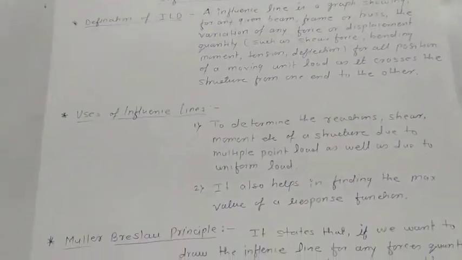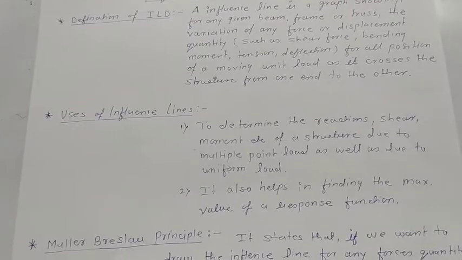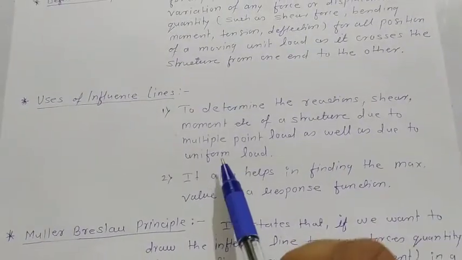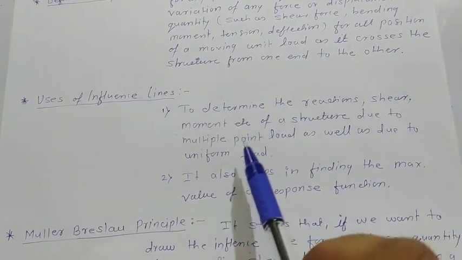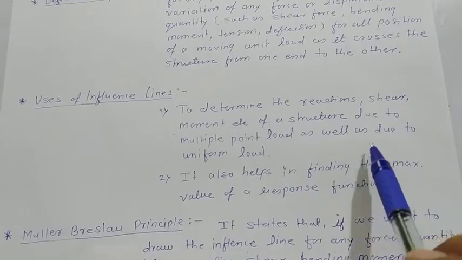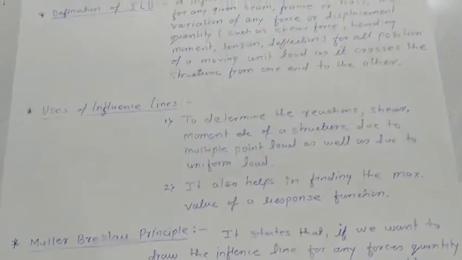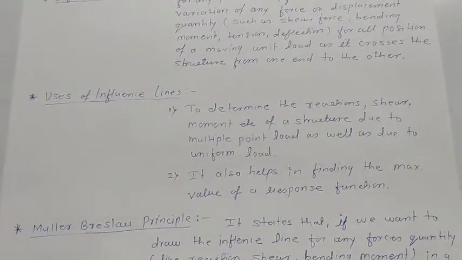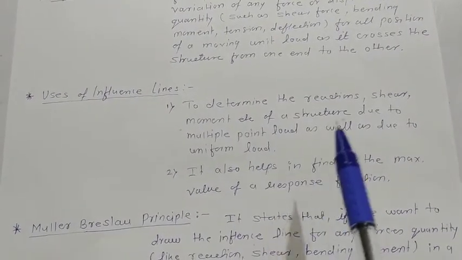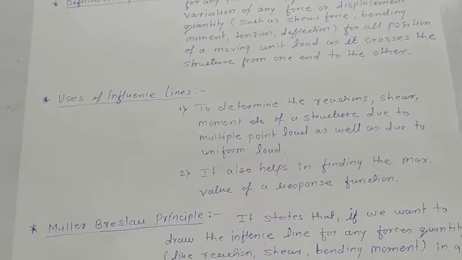Then its uses: influence lines determine the reactions, shear and moment etc. of a structure due to multiple point loads as well as due to uniform load. So, multiple point loads acting on bridges are moving loads. So, we can find out the reactions, shear force and moment of a moving load.